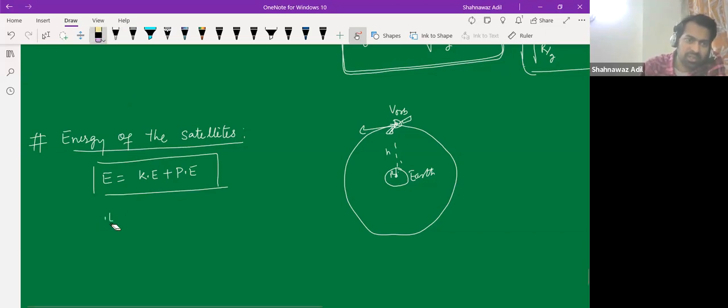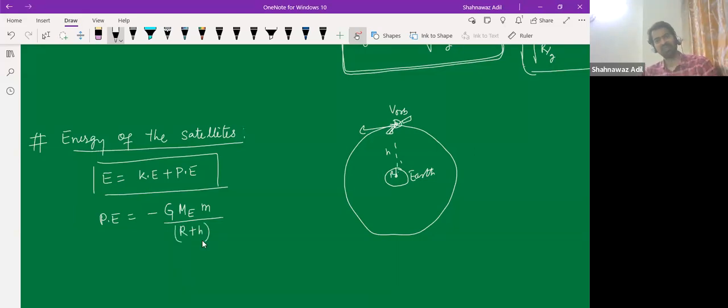Before we do that, potential energy we can directly write. So what is the potential energy, guys? Minus G M_E m divided by R plus H. This is the potential energy, right, guys?